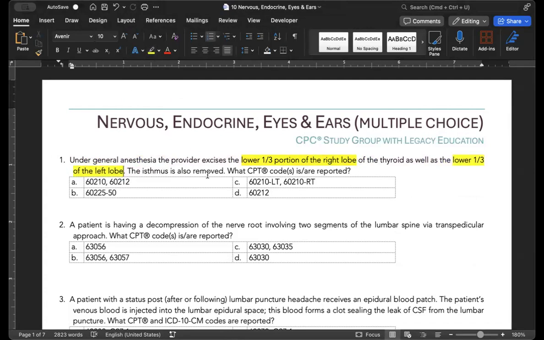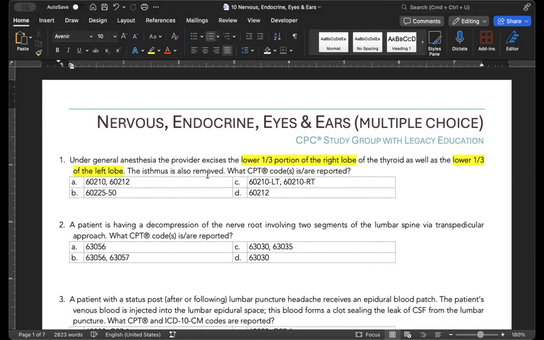then if you look at your terminology in 60212, it is going to be contralateral, meaning opposite side. Contra means opposite, lateral means side, right?